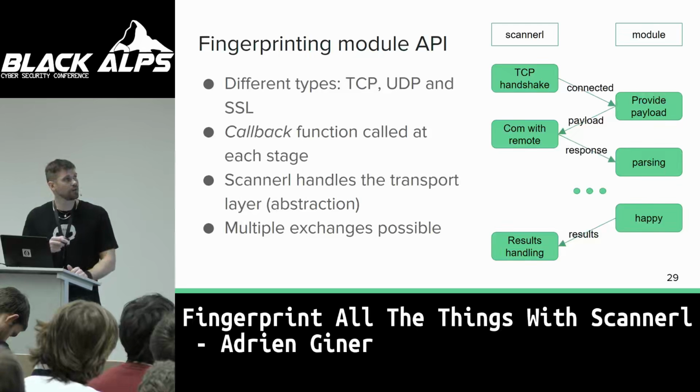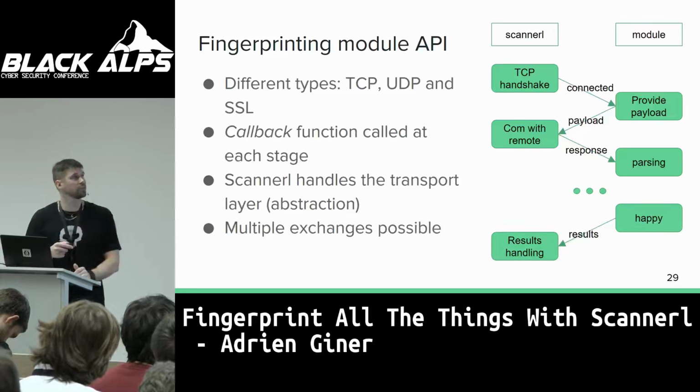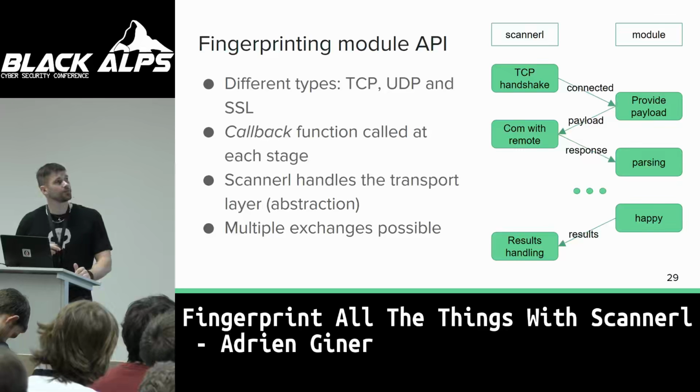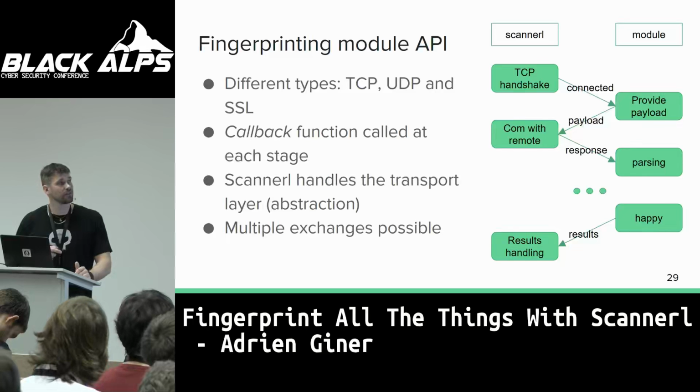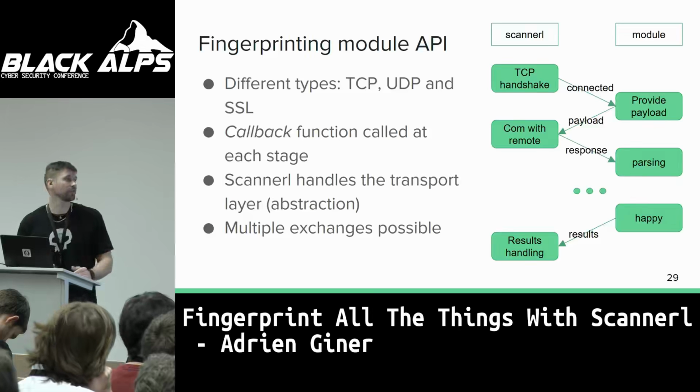And your module on the right side only has to respond with what is the next step to do. So for example, after the connection is made, the scanner will ask your module, so what do I do next? And you will provide some payload that will be sent to the remote host. And then when the response comes back, you get to parsing, and so on and so forth until you're happy and you bring back some results.